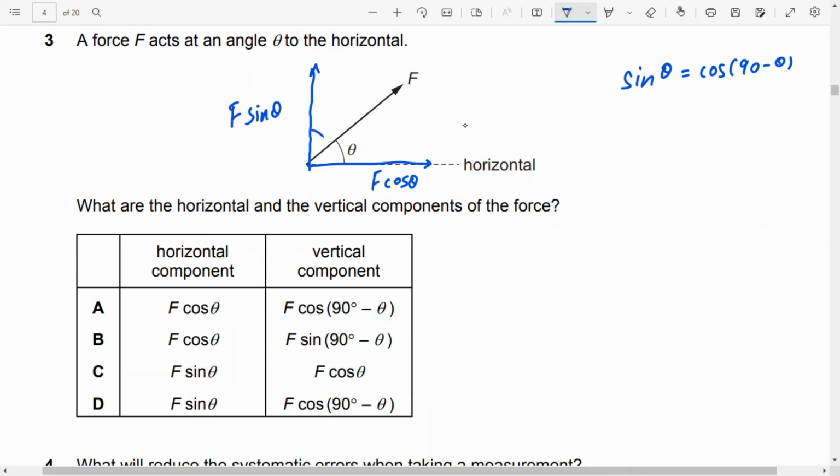ठीक है, आप इस तरह से भी देख सकते हैं, ये चीज बन जाएगी, this is 90 minus theta, F cos of 90 minus theta. उस तरह से भी आप इसको फिगर आउट कर सकते हैं, we did it just right now। ठीक है, so this becomes F cos of 90 minus theta is the answer.